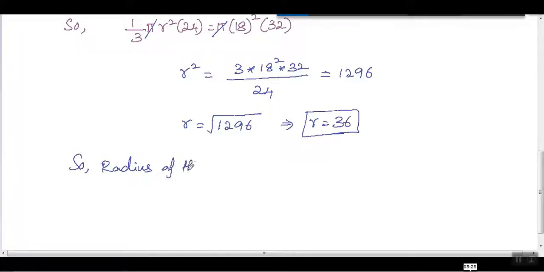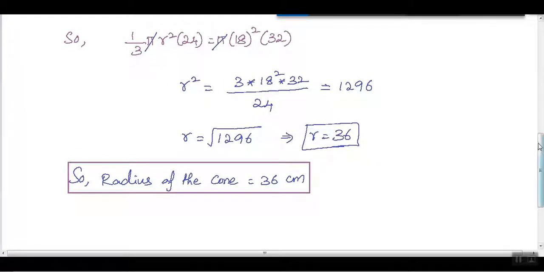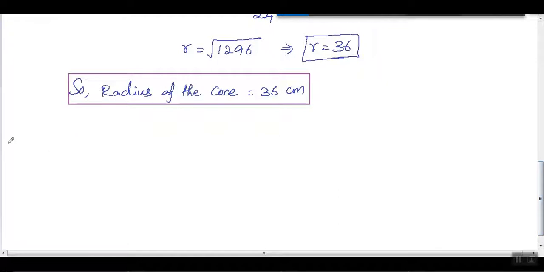The radius of the conical heap is 36 centimeter. Now we need to find the slant height of that conical heap. For the slant height, we just need to use the basic formula, which is L square equals h square plus r square.